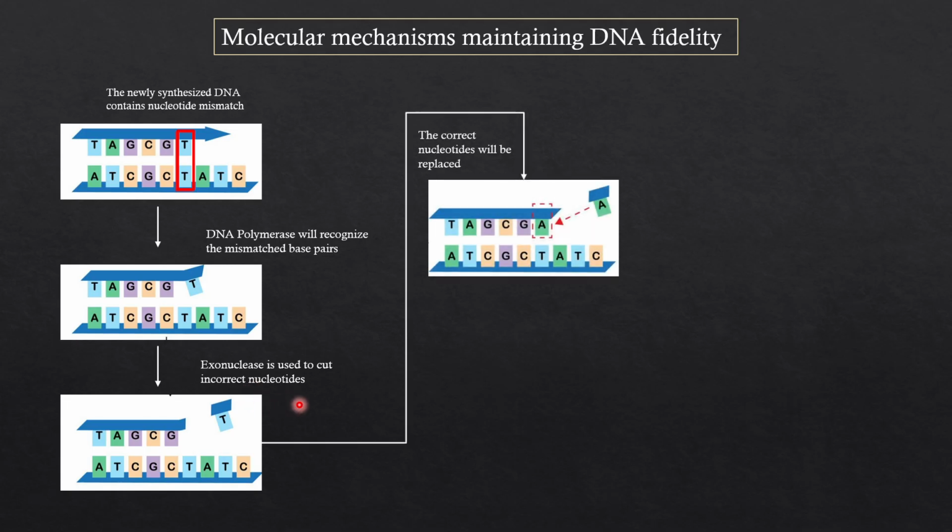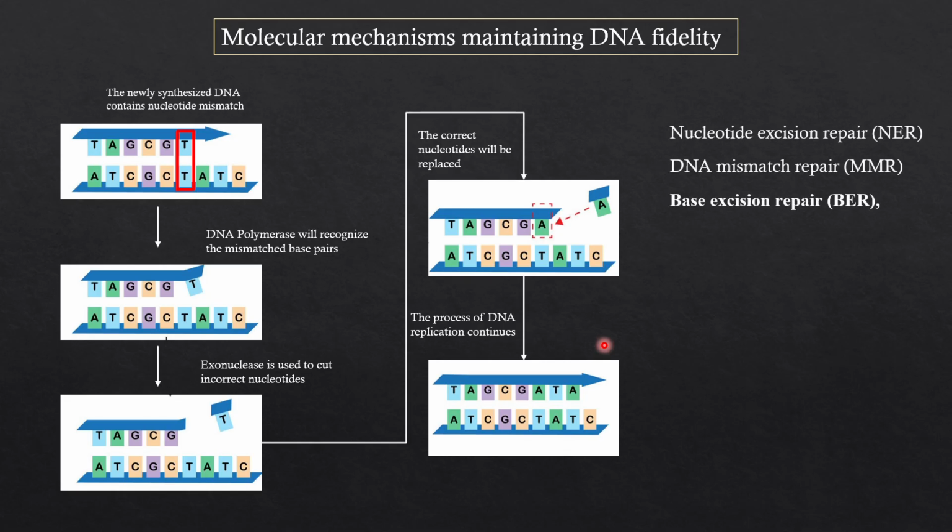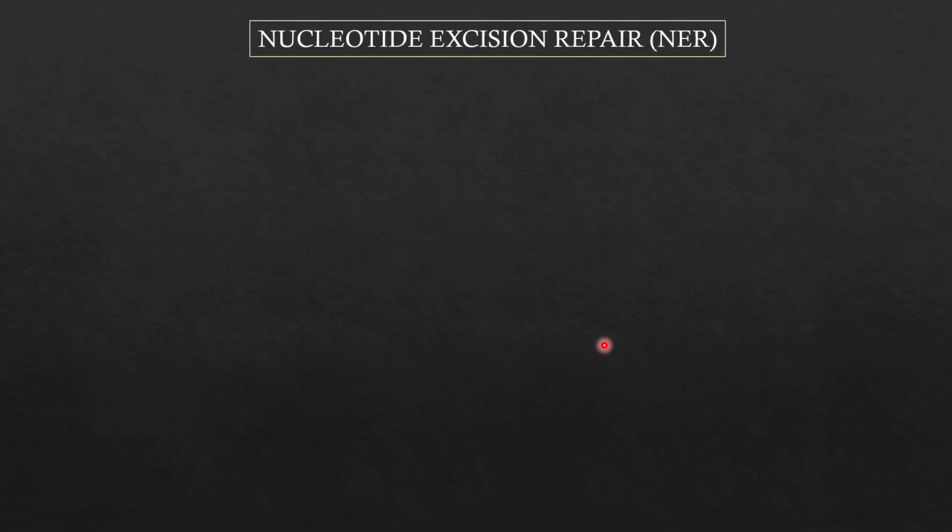This is followed by the correct nucleotides being placed, and as a result the process of DNA replication continues. There are three different types of DNA fidelity mechanisms. These are NER, MMR, and BER: nucleotide excision repair, DNA mismatch repair, and base excision repair. So talking about all of them in detail.